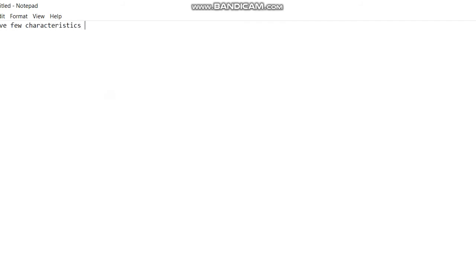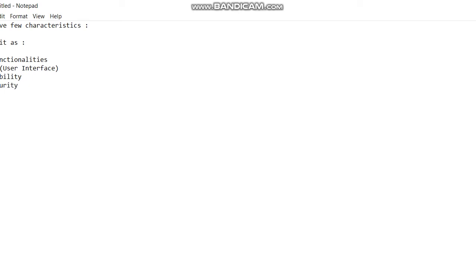The first one is functionalities. The second one is user interface, that is UI. The third one is usability, and the fourth one is security.